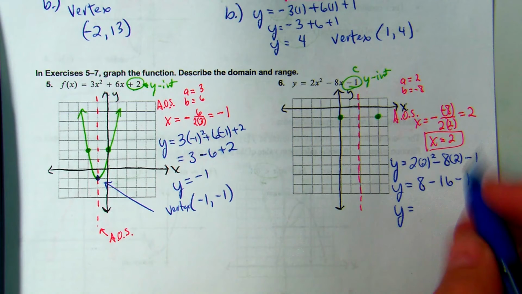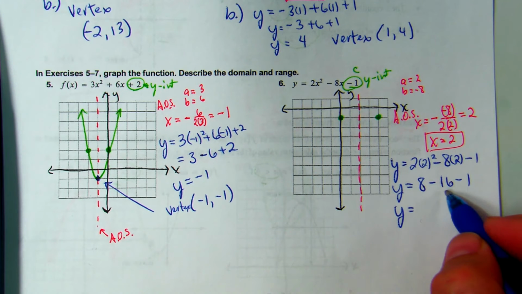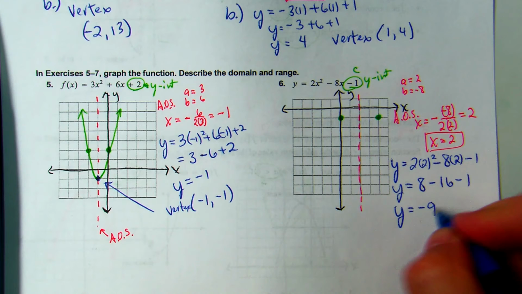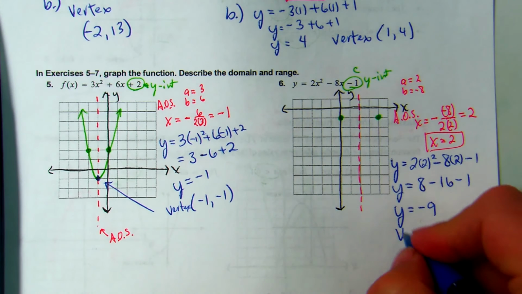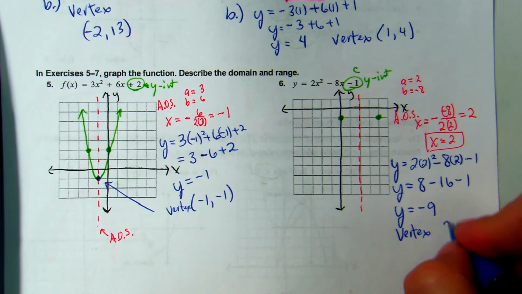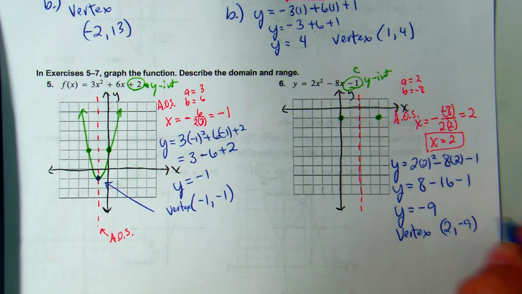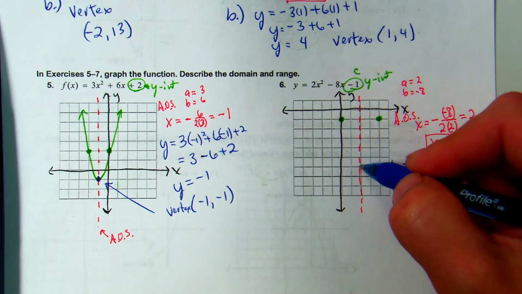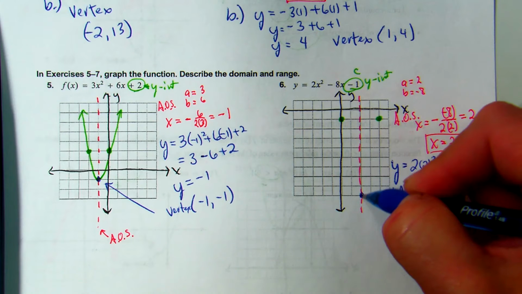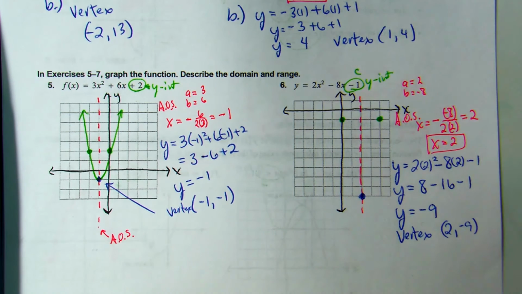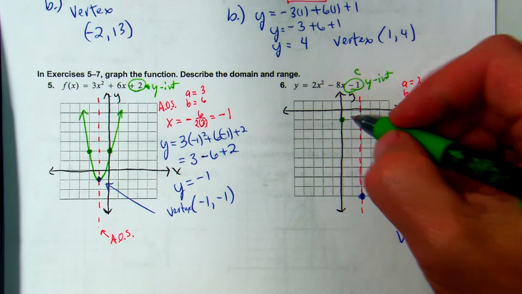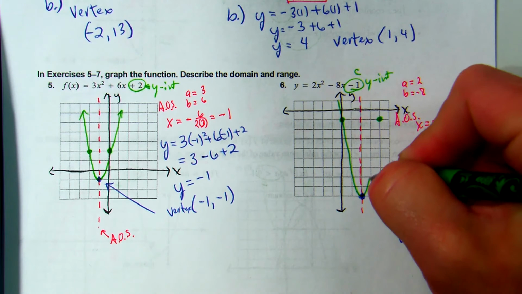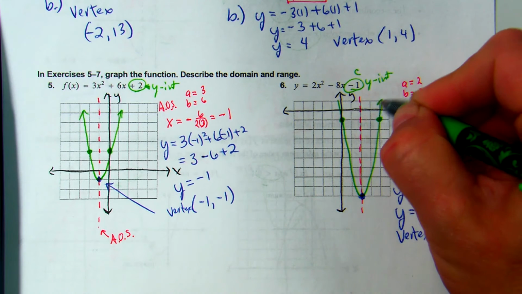All right, 8 minus 16 is -8, and -8 and -1 would be -9. So my vertex is going to be at (2, -9). And if I count down 1, 2, 3, 4, 5, 6, 7, 8, 9, you barely make it there on the graph. And now I know that my graph is going to be going through that point, down through the vertex, back up to that point right there.